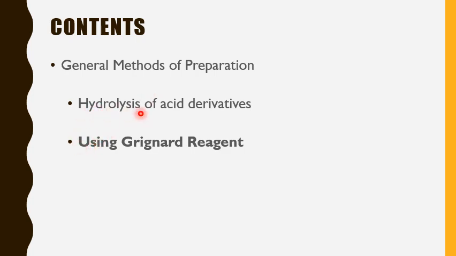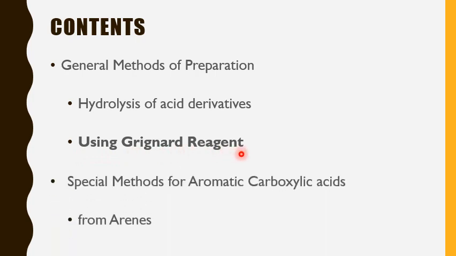We have seen the hydrolysis of acid derivatives in the previous class. Now we are going to focus on the method of preparation for both aromatic as well as aliphatic acids using Grignard reagent. Along with this, we are going to focus on the special methods.